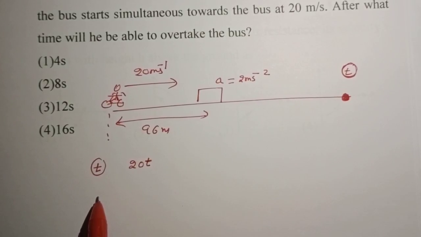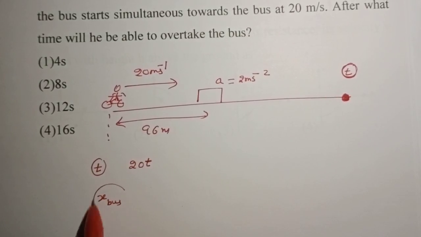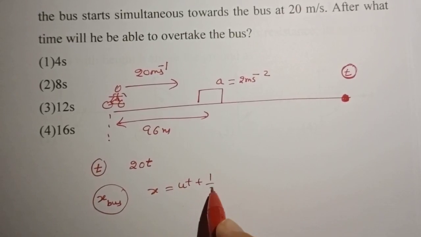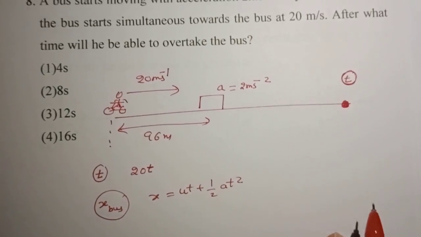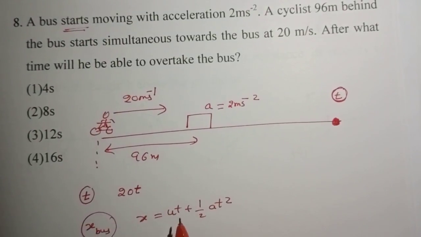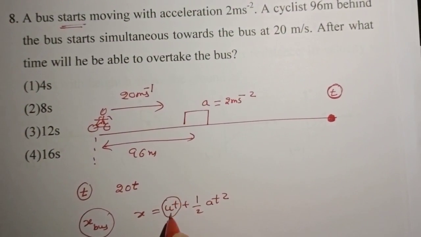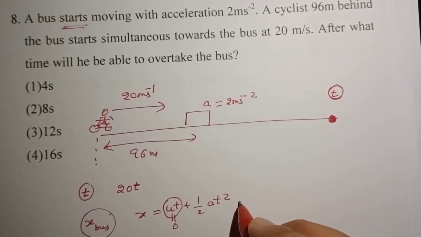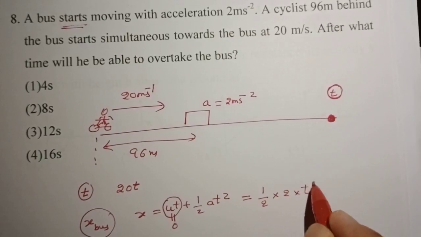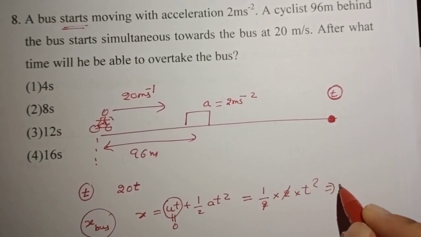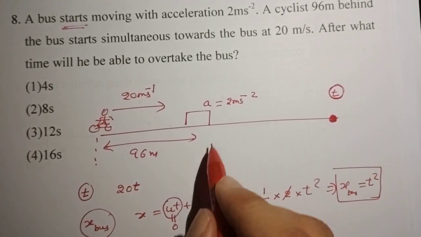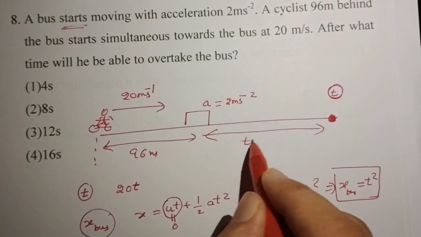The distance traveled by the bus is x equal to ut plus half at square. The bus starts moving, which means the initial velocity of the bus is 0, and the acceleration of the bus is 2 meter per second square. So half into 2 into t square, the 2 gets cancelled. Therefore in time t, the distance traveled by the bus is t square.